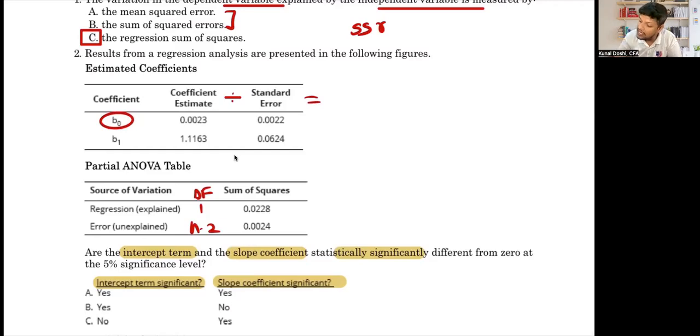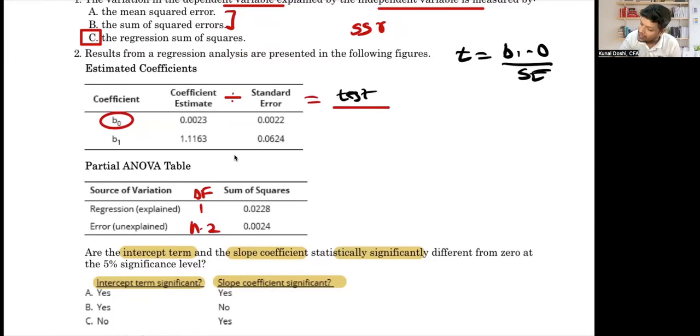Why? Because what is the t-test? Guys, the t-test, if you remember, is your value, let's say B1 minus the target, which is 0, divided by the standard error. So I'm just taking the coefficient, which is B0 or B1, divided by the standard error, because anything minus 0 is the same, right? So if you calculate this, you will get your test statistic.